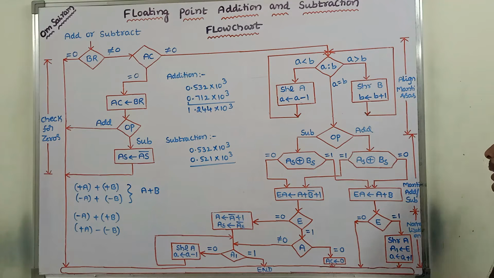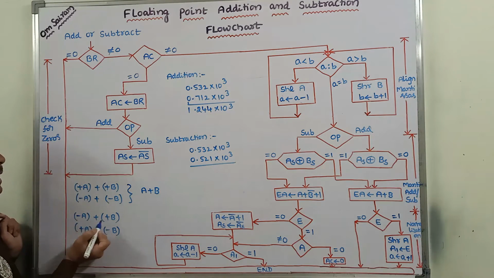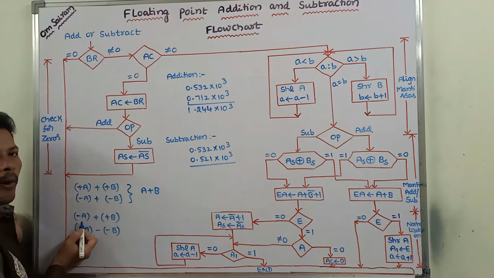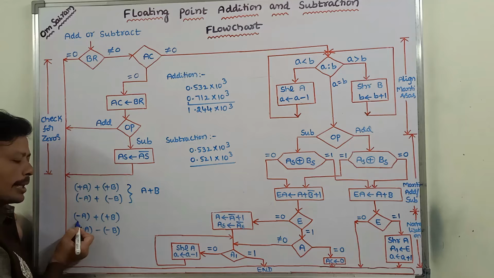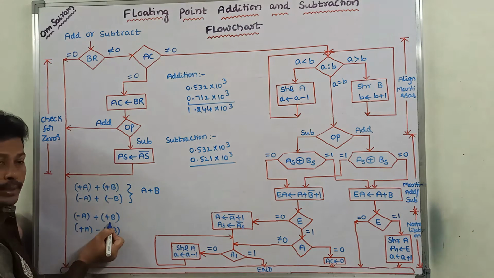Next one. Suppose in this case both signs are different. The mantissa of the first floating point number is minus and the mantissa of the second floating point number is plus.